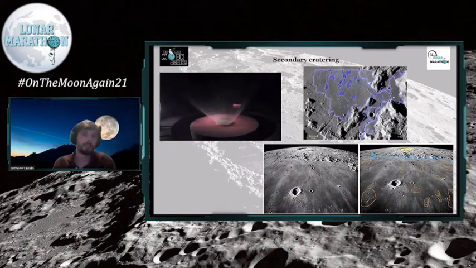And some of the debris are big enough to form a secondary crater when they re-impact the surface. So that's what you can see on the bottom right figure in orange, where you get a lot of elliptical craters in chains.